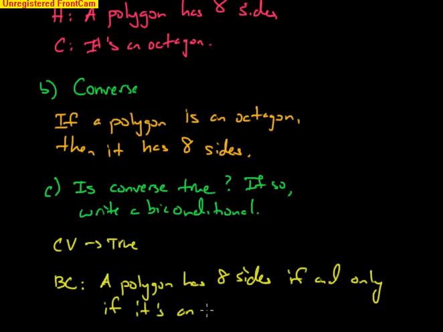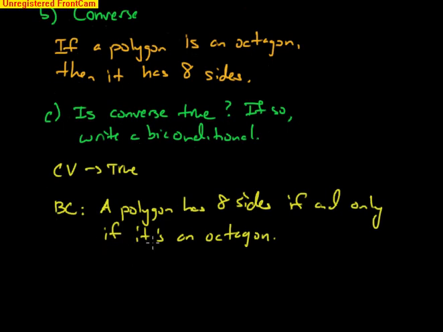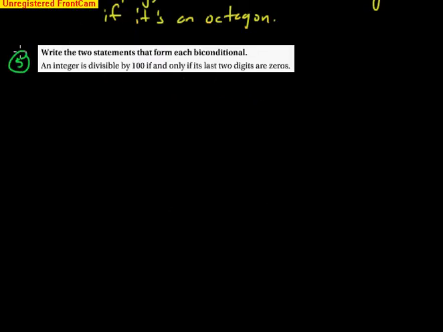It's an octagon. And that is a perfect biconditional. Remember, you can write it the other way. A polygon is an octagon if and only if it has 8 sides. That's fine, okay? Either way works, but this is from the original conditional, so I would appreciate it if you use that. So this is conditionals, hypothesis, and conclusions, converse, and biconditional.